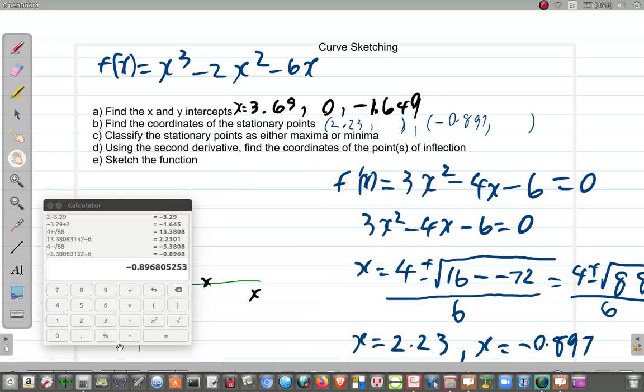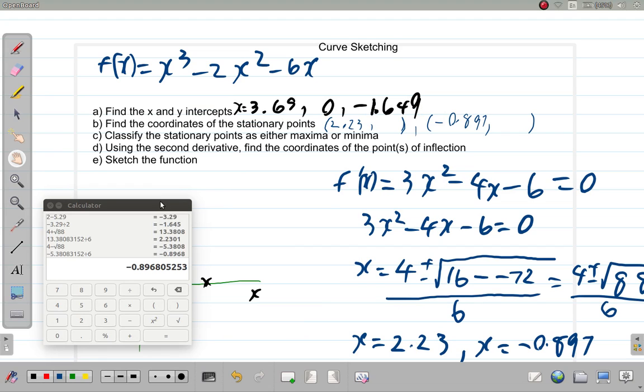So what we have here is 2.23. x cubed is going to be 2.23 cubed. My basic mode doesn't have a cube, so I just multiply 2.23 by 2.23 by 2.23.